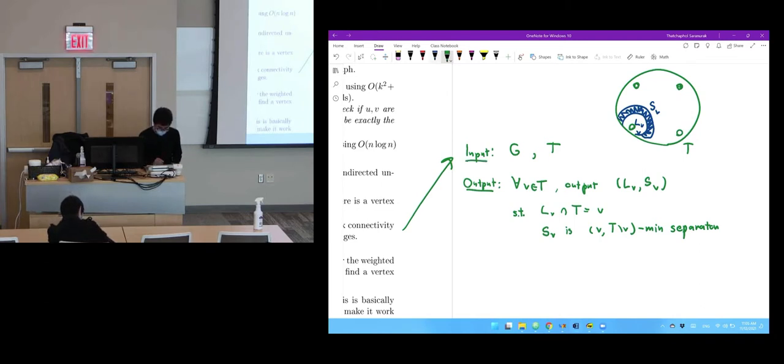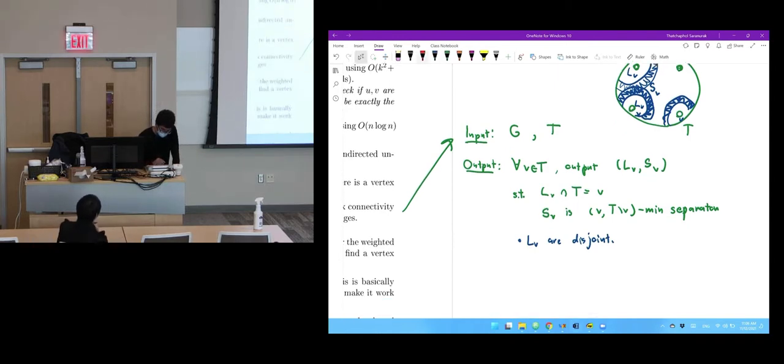So you will output this for every terminal. Maybe the S_v might intersect, but the L_v will be disjoint.